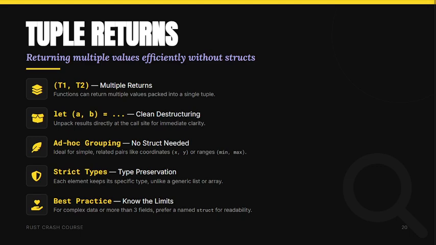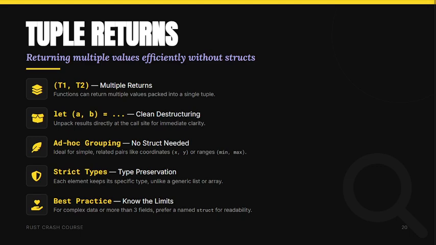And fourth, strict types, type preservation. Each element in the tuple keeps its specific type. A tuple (i32, bool) is a different type from (bool, i32).